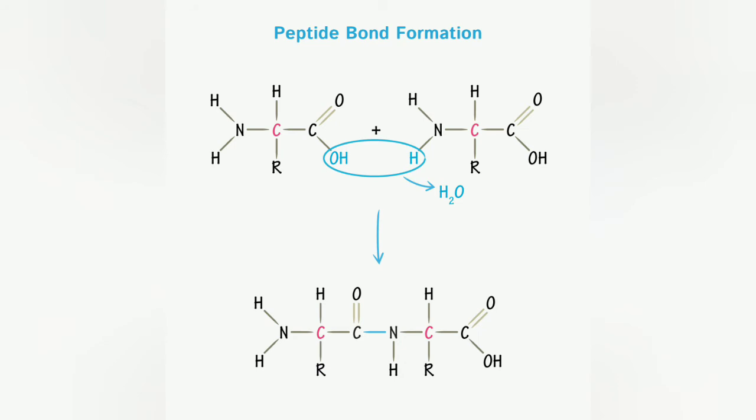One amino acid is given over here in which from the carboxyl group OH is removed and from the amino group of the next amino acid hydrogen is removed and as a whole a water molecule is removed. Hence the process is dehydration and both the amino acids are joined together. This blue colored bond is known as the peptide bond and this way the whole polypeptide is formed.